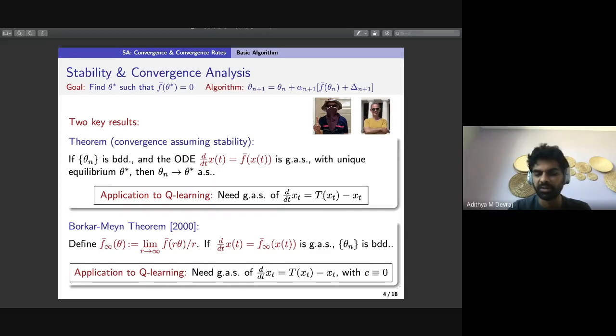So if it is bounded, then the algorithm converges. Similarly, to establish boundedness, you need to look at the same ODE, except with the cost function equal to 0. This cost function is something that appears in the dynamic programming operator. So basically, just by very simple arguments, you can show that the Q-learning algorithm converges just by looking at these two ODEs.